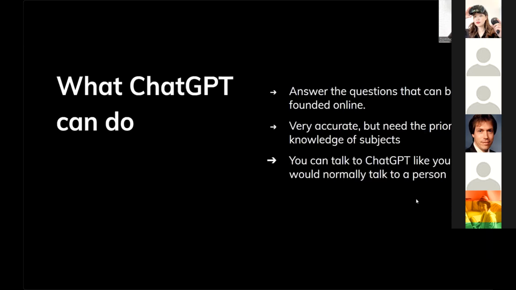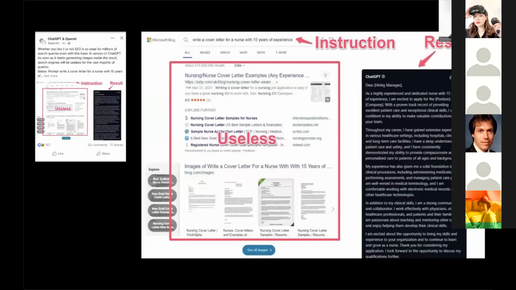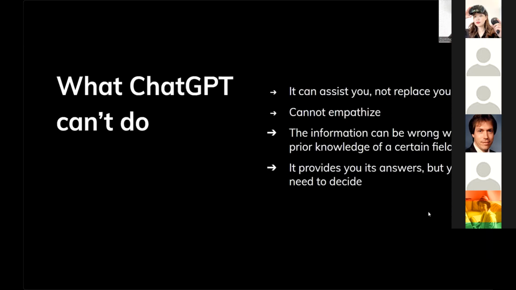Okay, what can ChatGPT not do? It can assist you, but it cannot replace you, right? And it also cannot empathize with humans. If you ask it something about being human, it will start saying like, oh, I am just AI-generated language, and I'm not human.